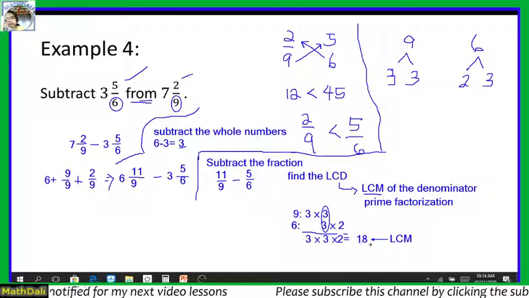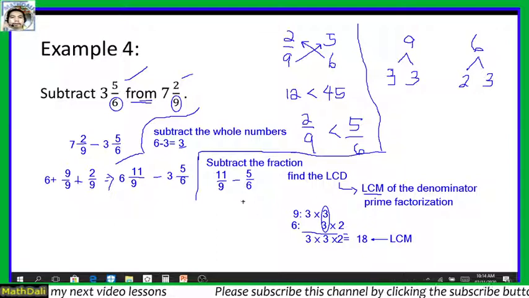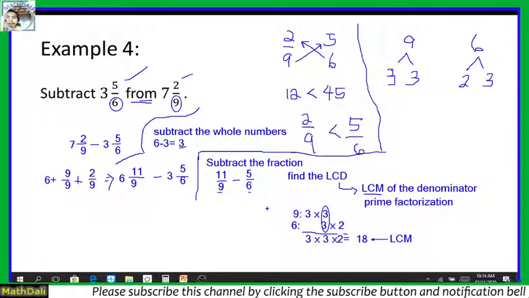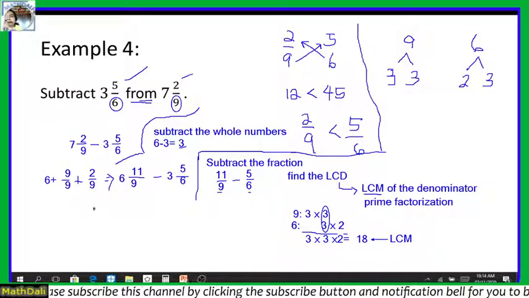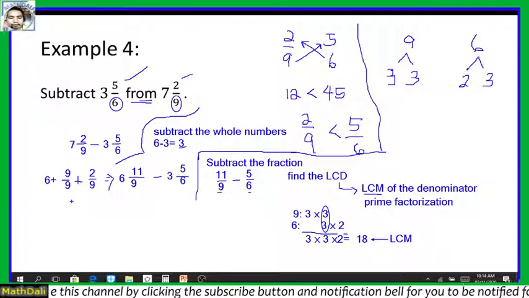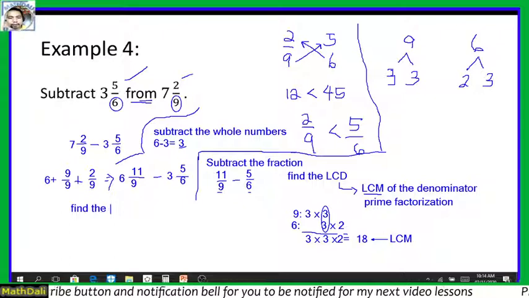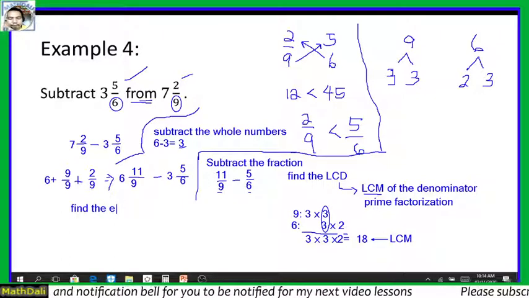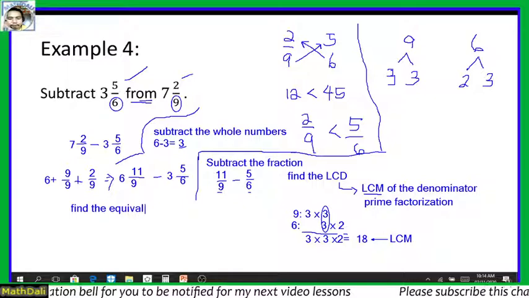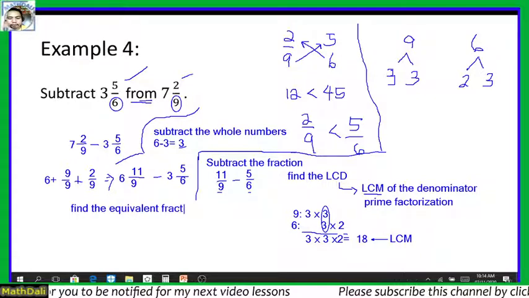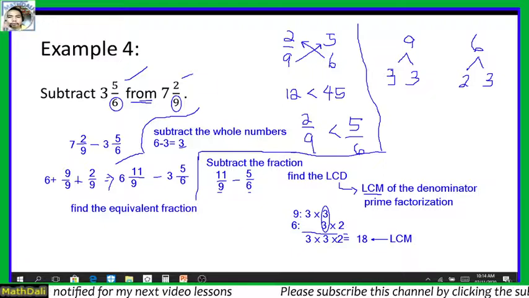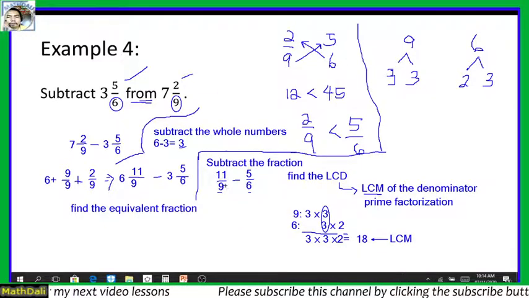And that is the same as the least common denominator kasi ang kinonsider natin dito yung denominator ng ating fraction. So next, kukunin natin dito yung equivalent fraction. Find step number 2, sorry. Find the equivalent fraction nitong 11 over 9 at saka yung 5 over 6.